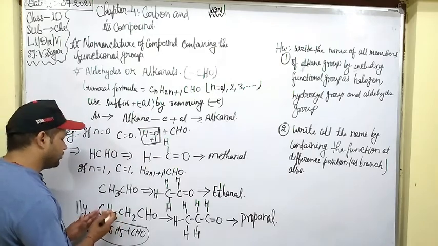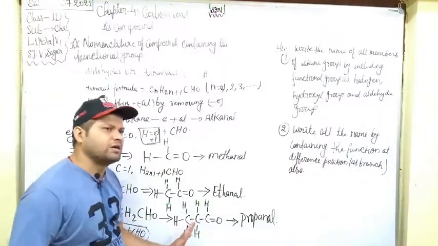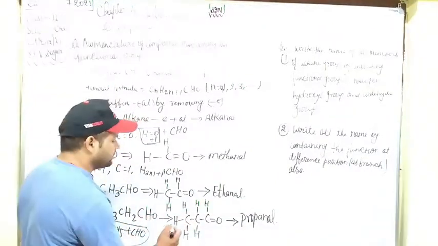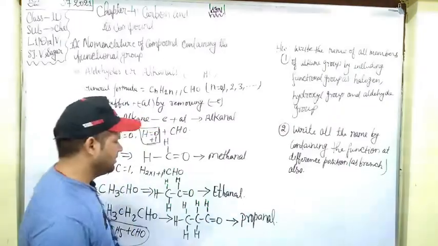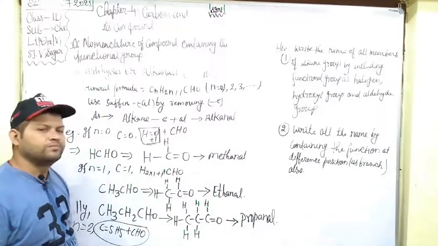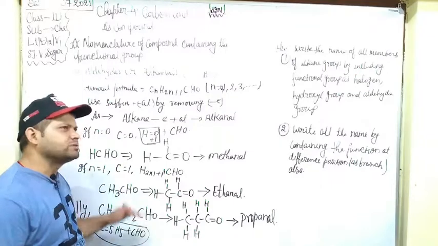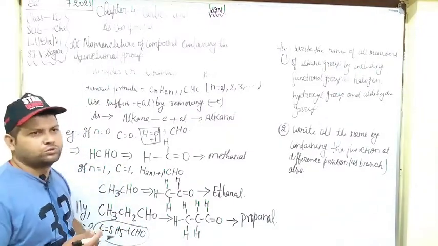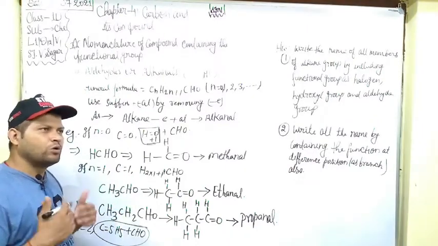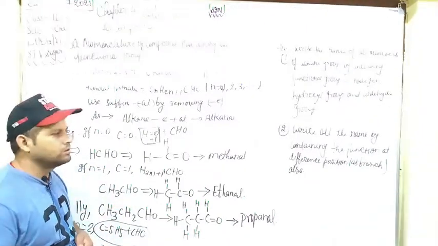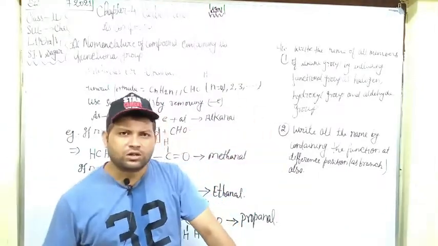Then we obtain the molecular formula CH3CH2CHO, and its corresponding structural formula is in this manner, and its name will be propanal, right? So in this fashion we have to write the names for all the compounds, and we have to write the names with all the members of alkanes as your HW. I hope you have understood all the explanations described by me.